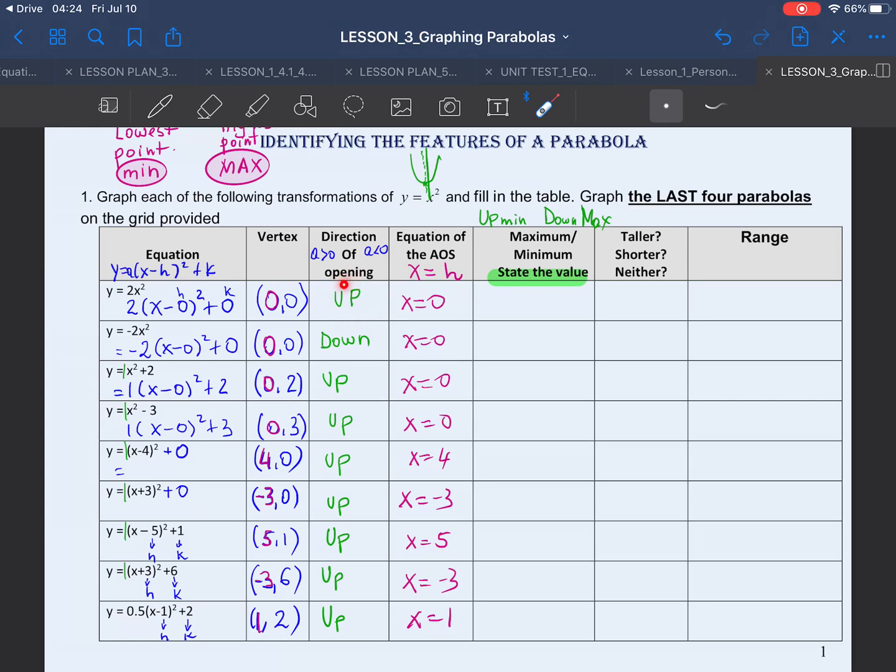So the first one opens up, so it will have a minimum. I'm not going to worry about stating the value yet. Opens down, maximum. Opens up, minimum again. And it seems that they all open up for the rest of them, so we're going to say minimum, minimum, all the way down.